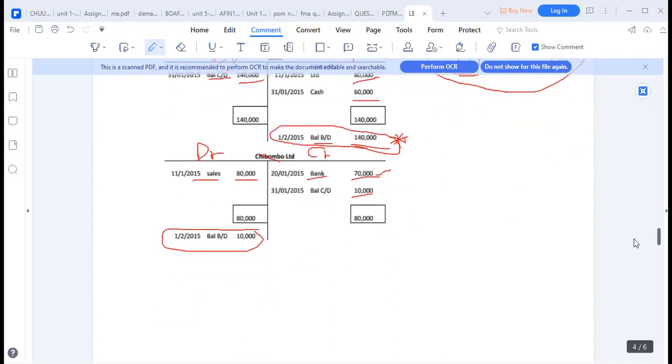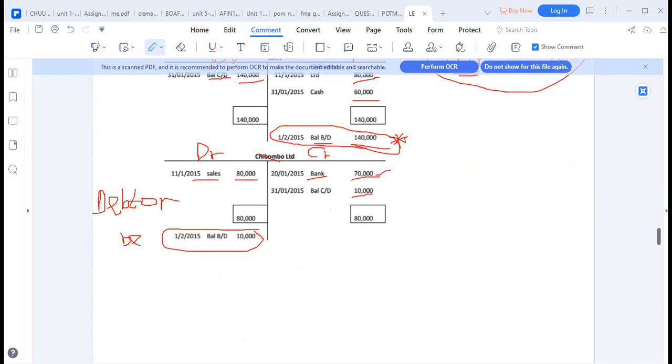Then we have the Chivombo. These are our customers. So these are called debtors, and they're supposed to have a debit balance from the term debtors. Then creditors, they should have a credit balance. We are suppliers like Kawe. We sold goods to Chivombo.